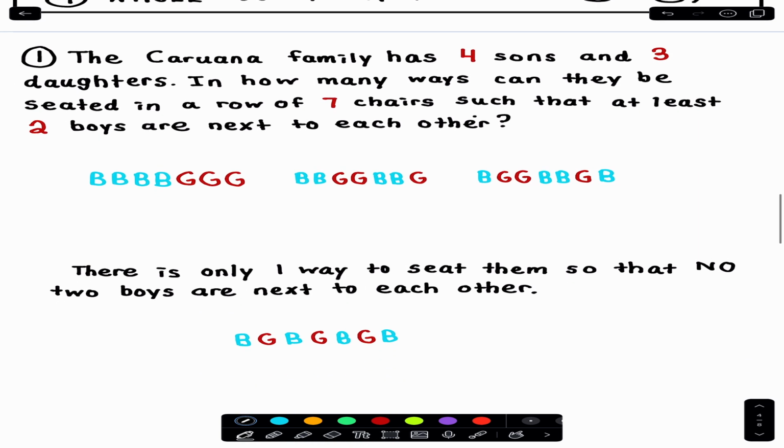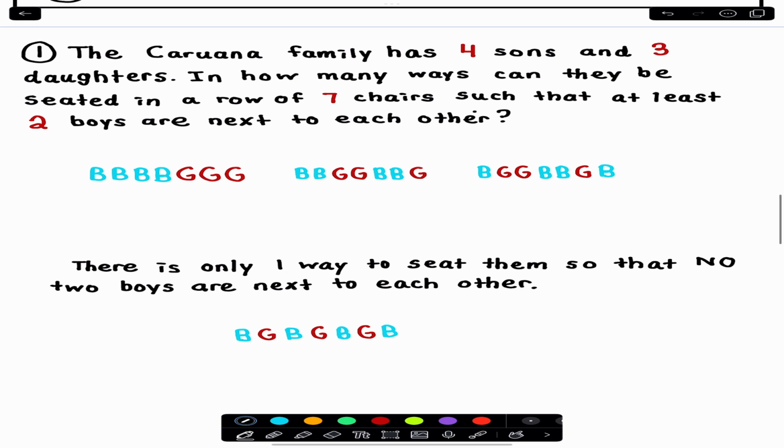So basically if there was no condition of two boys having to sit next to each other, how many seating arrangements are there? We can answer that very quickly. 4 sons, 3 daughters, so there are 7 chairs, which means without any restrictions, there are 7 factorial ways to assign the seats.